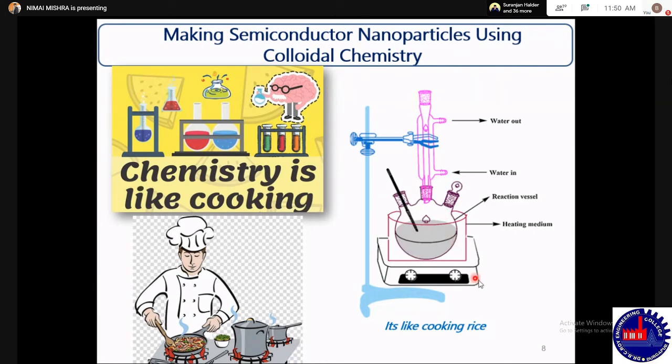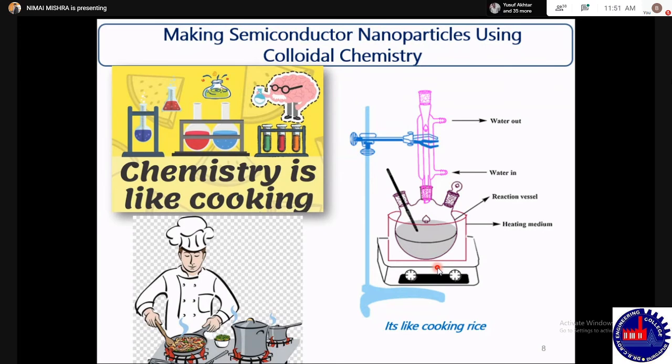And then this is a hot plate. Likewise, we are using an oven, and these are the vessels. They're made of glass, like the crockeries this gentleman is using, and we mix the chemicals like he's mixing chow mein or pasta. So you can mix the chemicals, you can heat them to a certain temperature. As simple as it is, if you're asked to cook rice, what will you do? You take rice, you take water in the proper ratio, and you heat it.